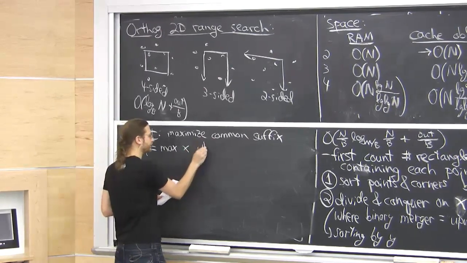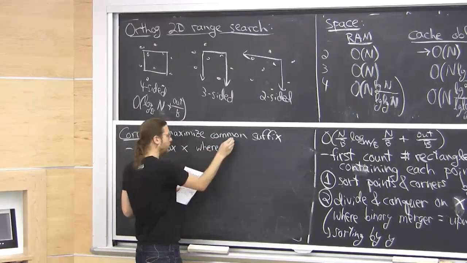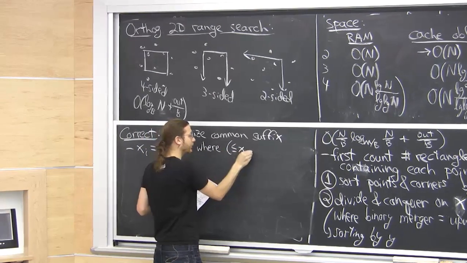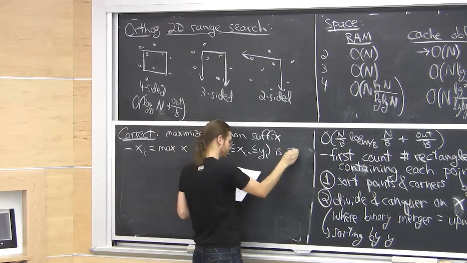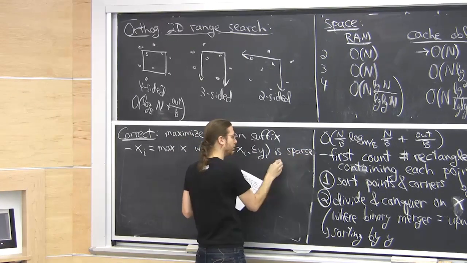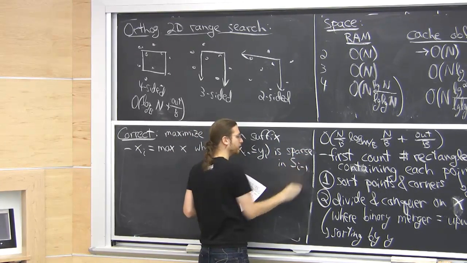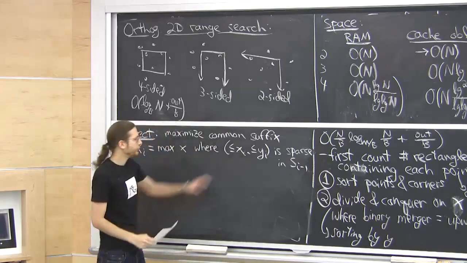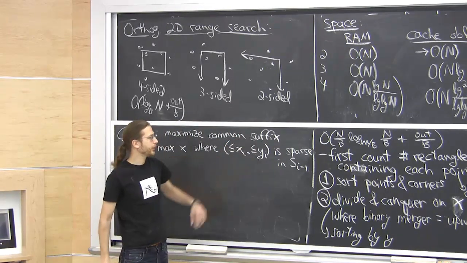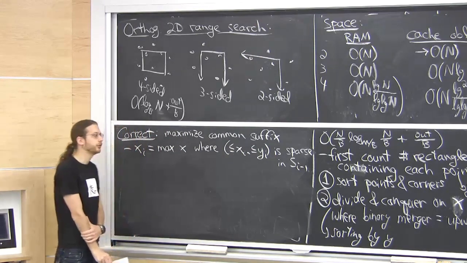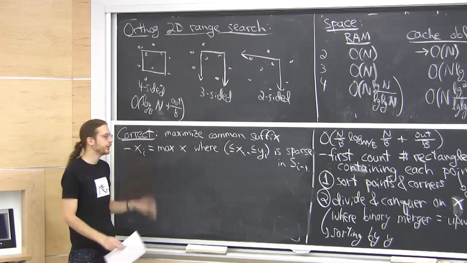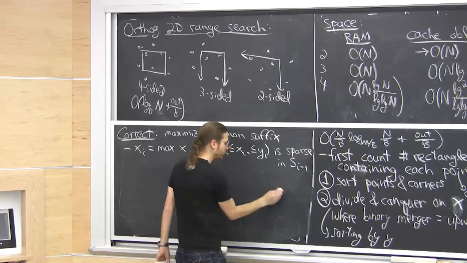Maximum x coordinate where less than or equal to xi, comma, less than or equal to yi is sparse in si minus 1. Okay, we know there's something we can put in here that makes yi sparse. So look at the largest possible such x. So that means any query, we have this new point.